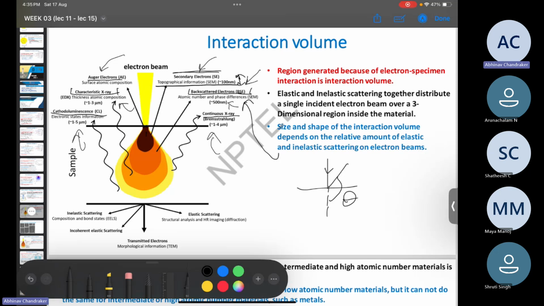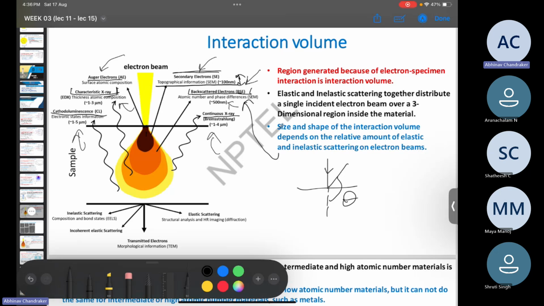And also we can have some characteristic X-rays which come out when there is a de-excitation of electrons. When the primary electron beam interacts with the atoms, the energy of the primary electron beam can be absorbed by the atoms, and this can lead to excitation of electrons from lower shells to higher shells.